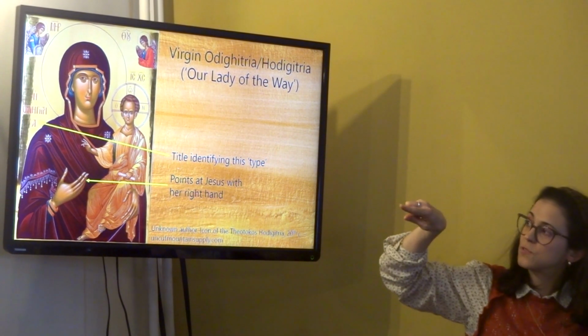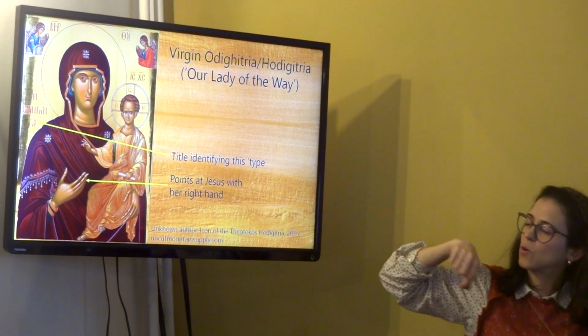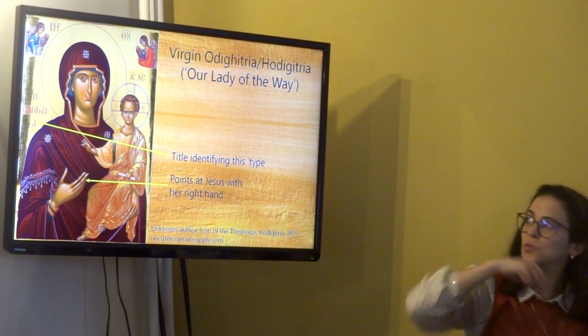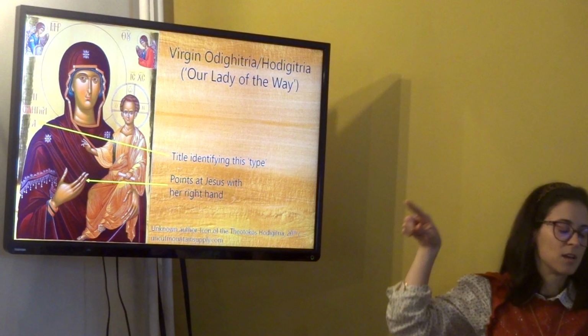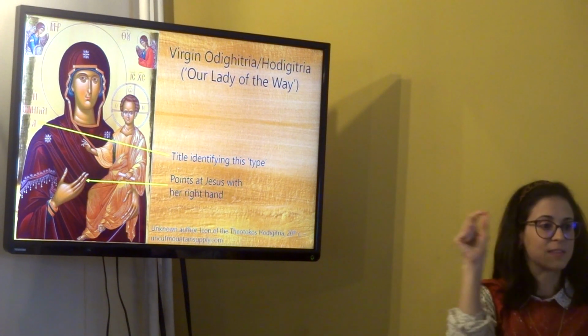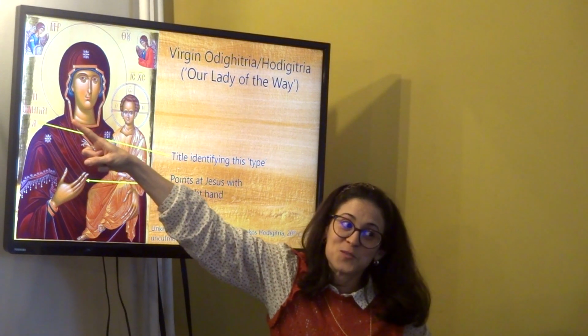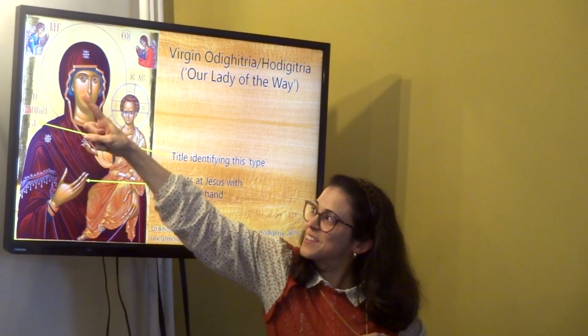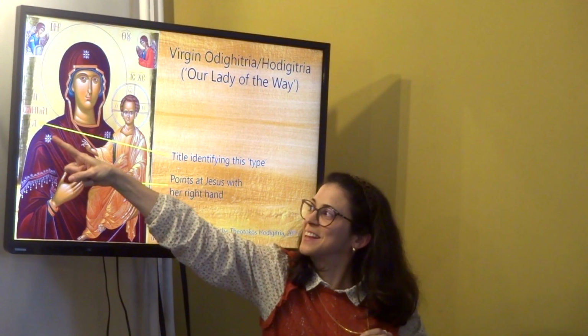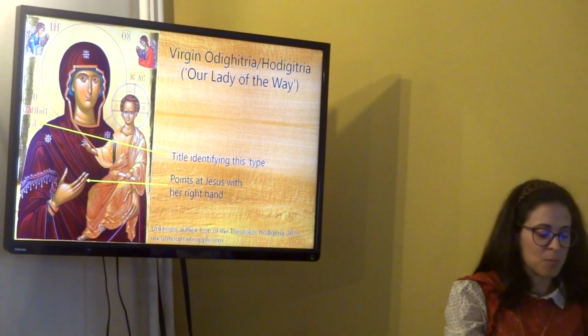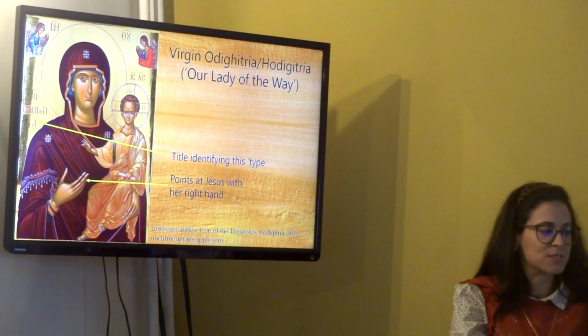And then on the left of the image, on Mary's right shoulder, you see Odighitria, just identifying that this particular type is. They didn't have enough space, so they got the first letter at the top, then the middle of the word, and then the last letter at the bottom. But normally they are identified.